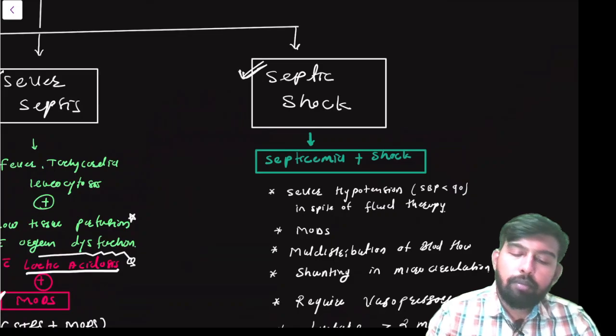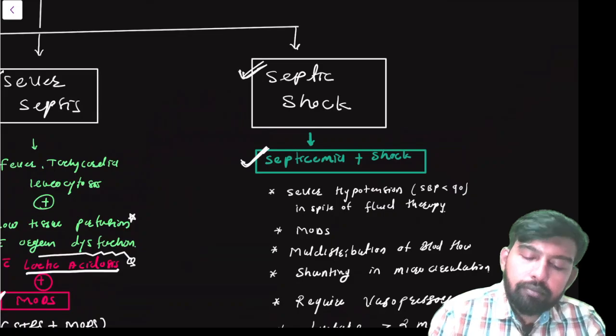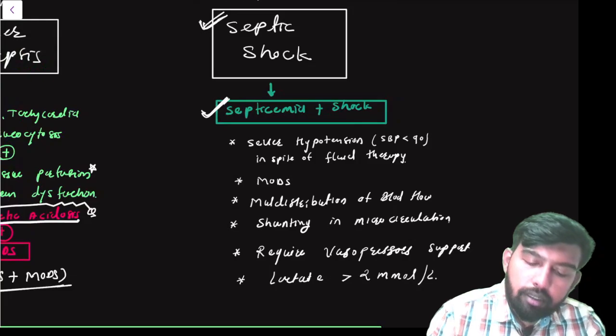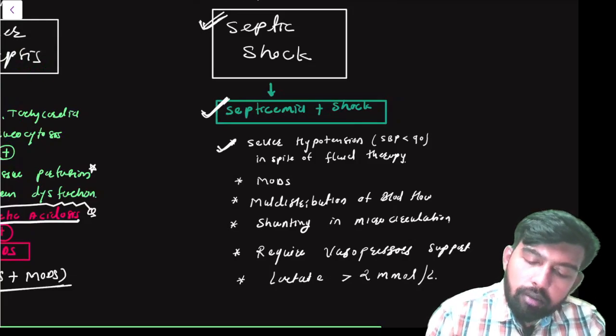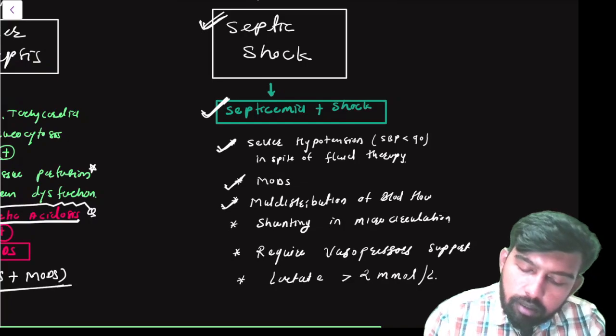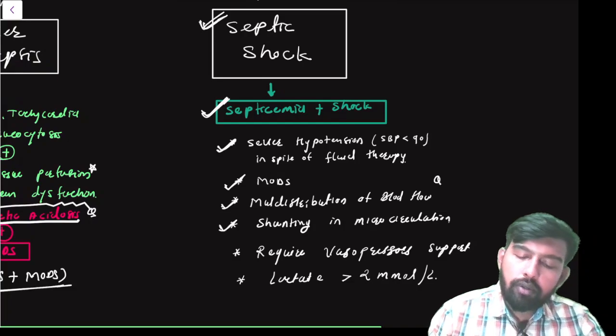And septic shock is a combination of shock plus septicemia. So it is characterized by severe hypotension despite fluid therapy, and multiple organ dysfunction syndrome. There is a maldistribution of the blood flow. There is a shunting of the microcirculation.